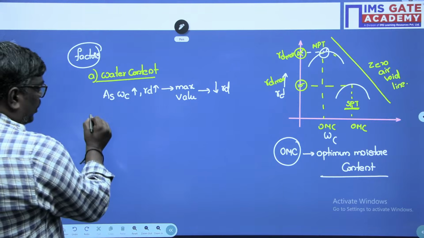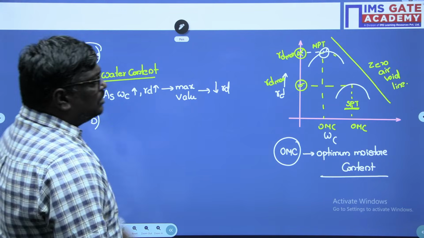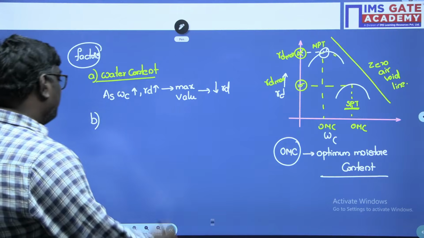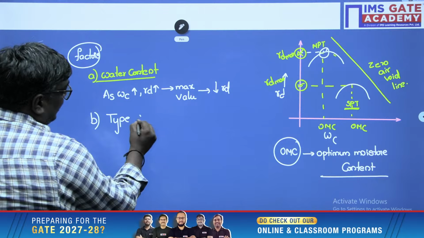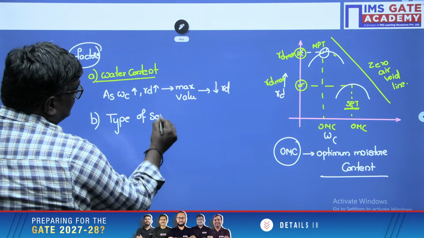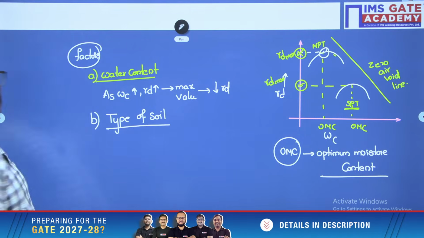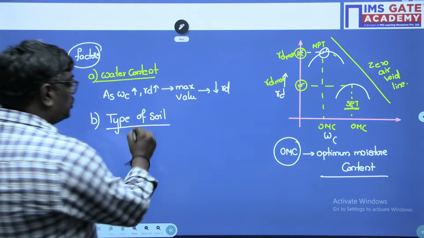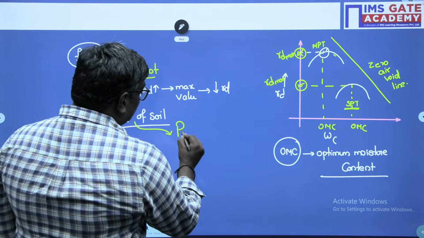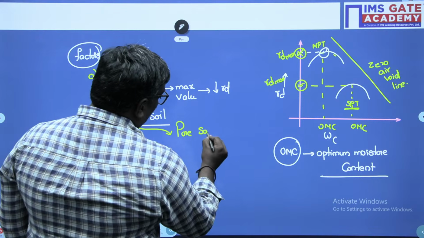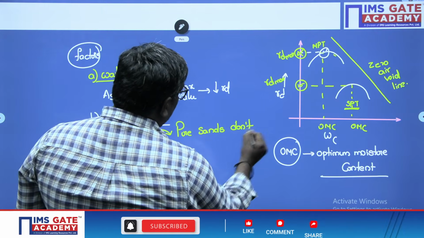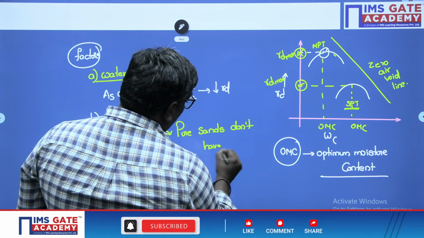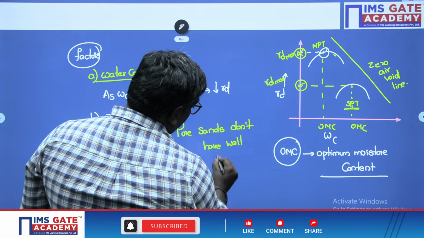The second important point here is the type of the soil. When I talk about the type of the soil, you should understand that pure sands don't have a well-defined OMC.